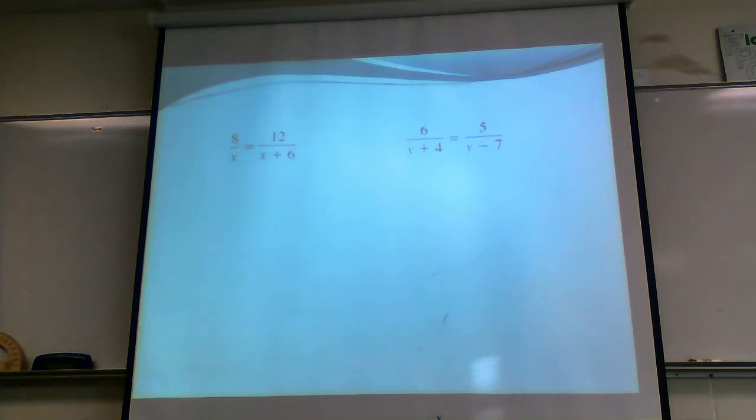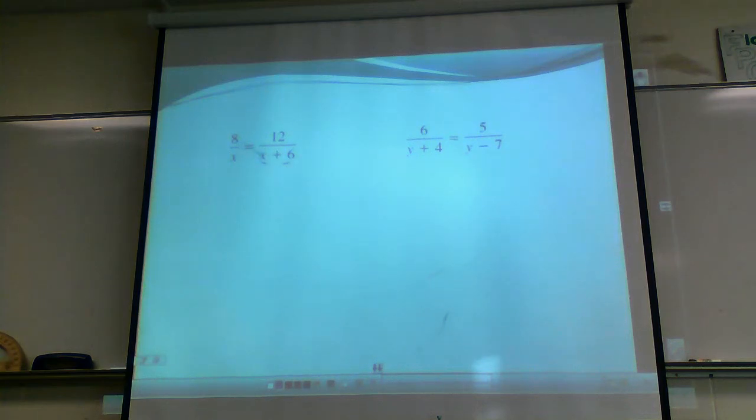Biggest mistake though with these is when you cross multiply ones that have multiple terms in them, people usually forget to distribute. If I cross multiply here, those are across from each other, so I'm doing x times 12 equals these two multiplied together, which is 8 times (x plus 6).